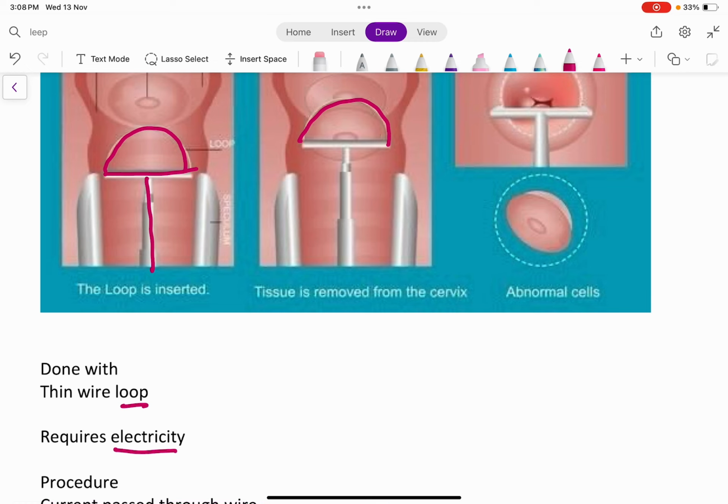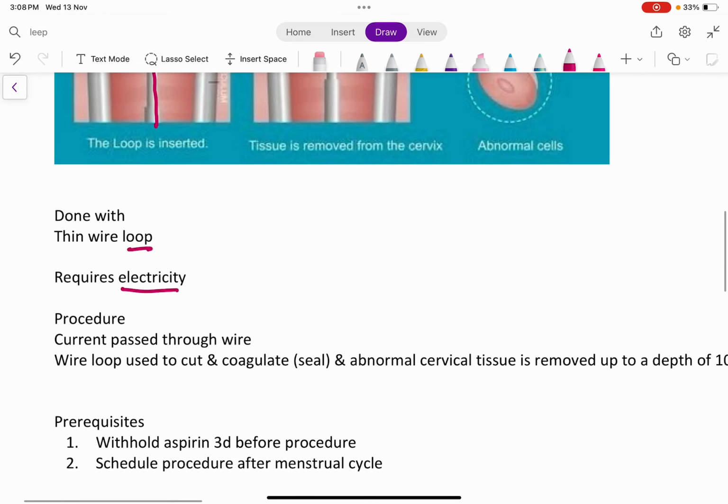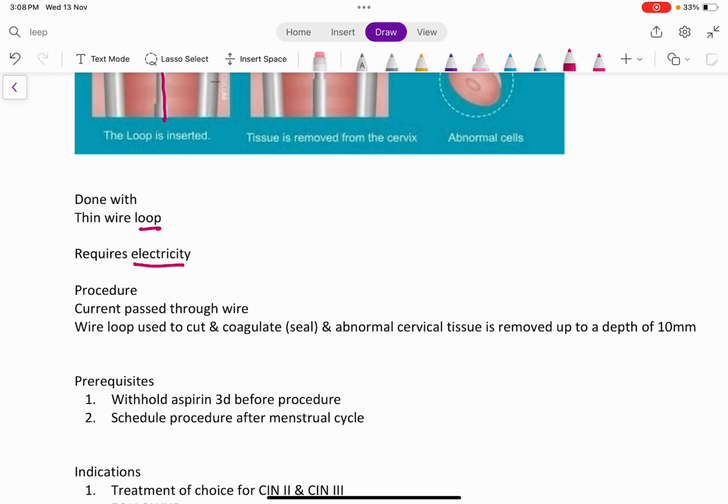Ideally, you introduce a thin wire loop, guided through a per speculum examination. You pass the electricity, and with the help of this loop you cut the abnormal cervical tissue present in the cervix. It cuts and coagulates the tissue at the same time, so you cut the tissue and seal it, and remove it. Once you remove that cervical tissue, you send it for histopathological examination.